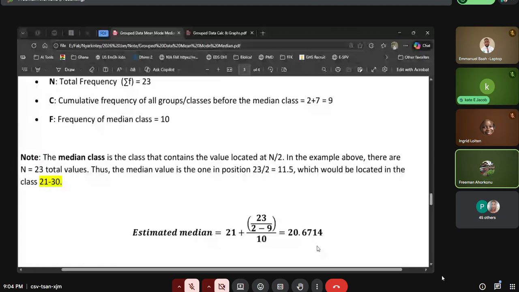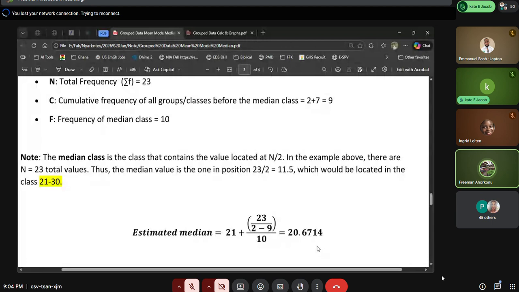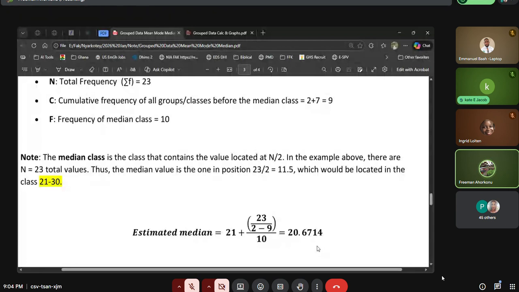So here it is. L is the lower class limit of the median class. N is the total frequency, or summation F. In the formula, you can even represent the N with summation F. It doesn't change anything. C is the cumulative frequency we talked about, of the classes before the median class.